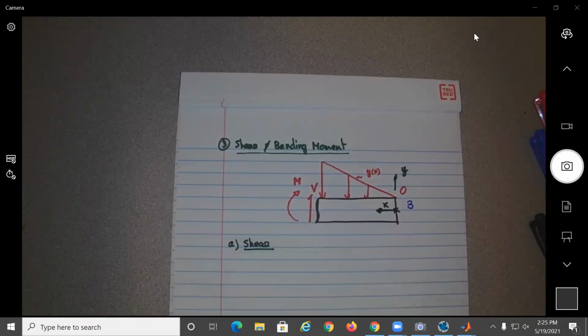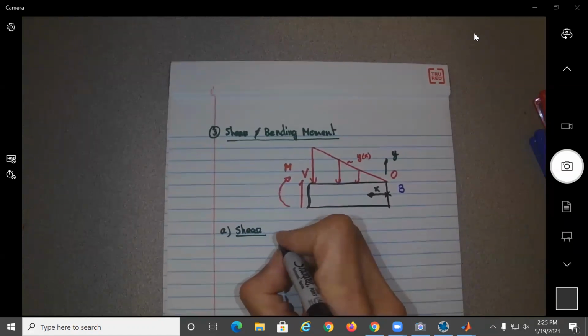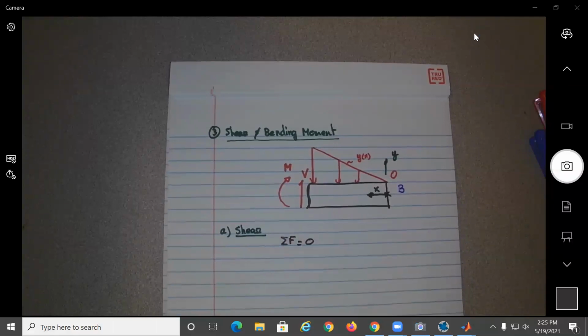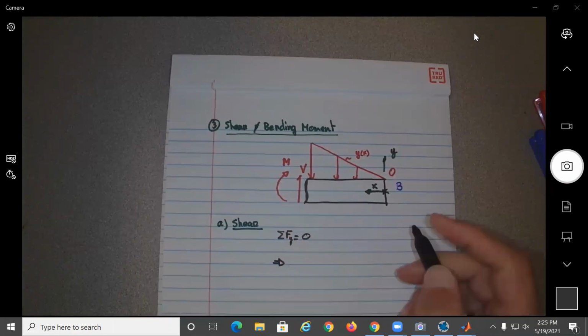So in order to find the shear, what is the equation we need to use? Summation of forces equal to 0 in the Y direction, to be more accurate. So now let's be careful here. Well, what is that going to give you?